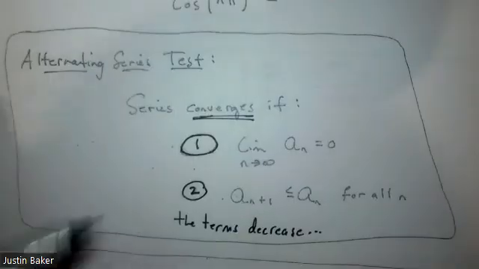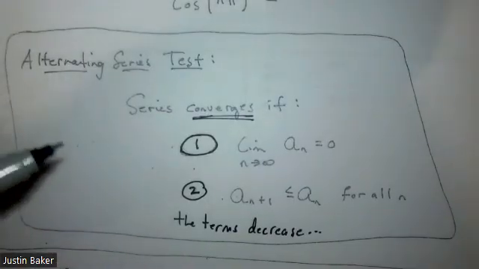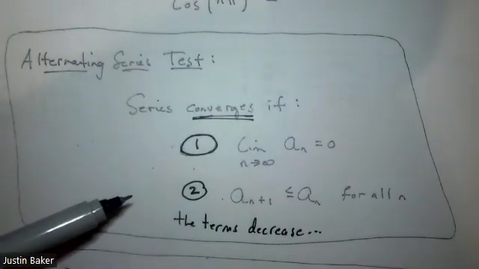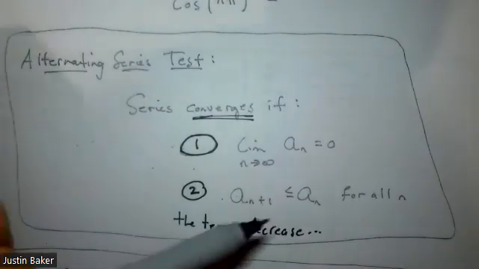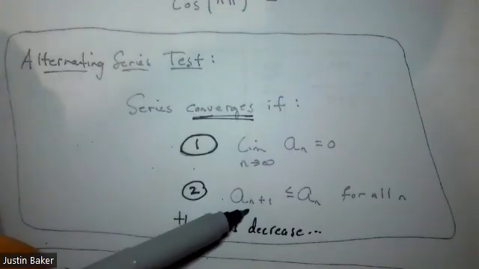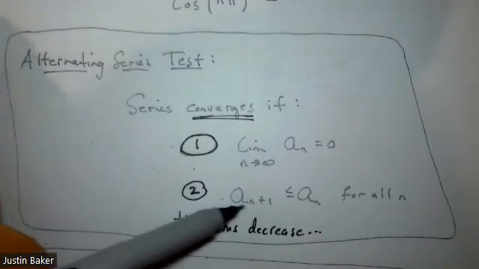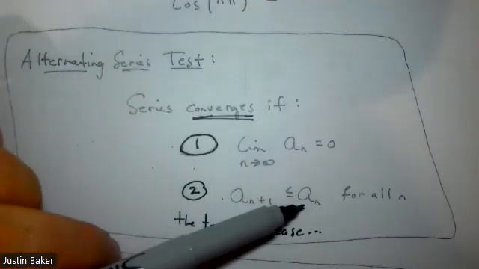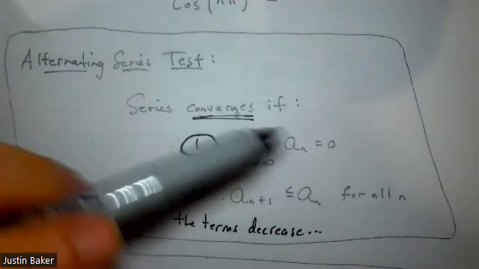And then therefore the terms are going to decrease as you go down. So that would be like saying, if we let n be 7, that's like comparing a sub 8 to a sub 7. A sub 8 is less than a sub 7, and so on and so on and so on.